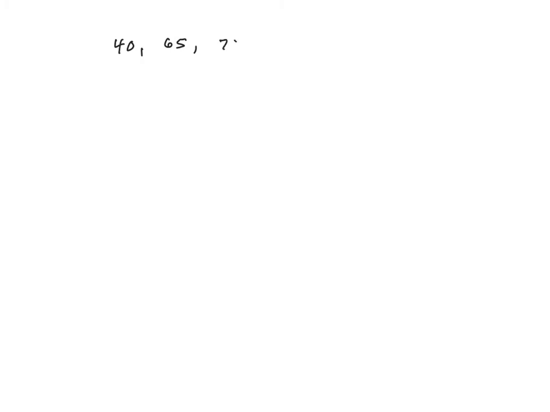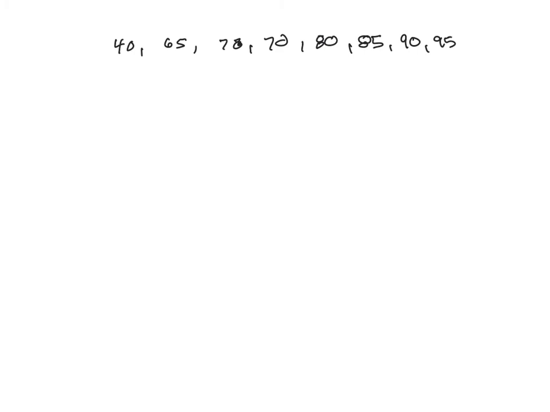And then we have 2 70s, an 80, an 85, a 90 and a 95. All right, I want a 5-number summary for this, and then I'm going to make a box and whisker plot out of this.